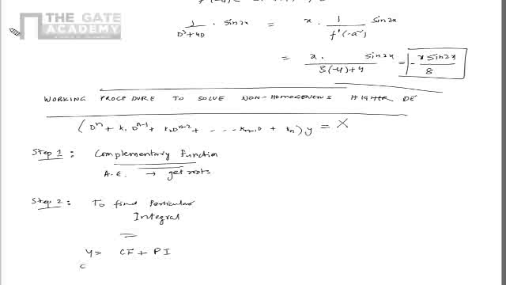This is your complete solution. Okay, so let's now solve one complete problem which describes how to find the complementary function and how to find the particular integral, and then we will be done with the higher order differential equations.